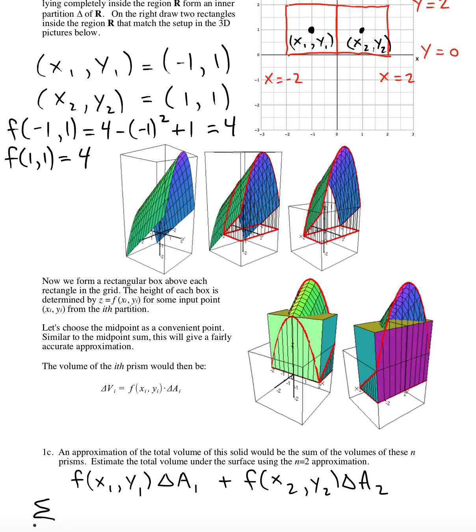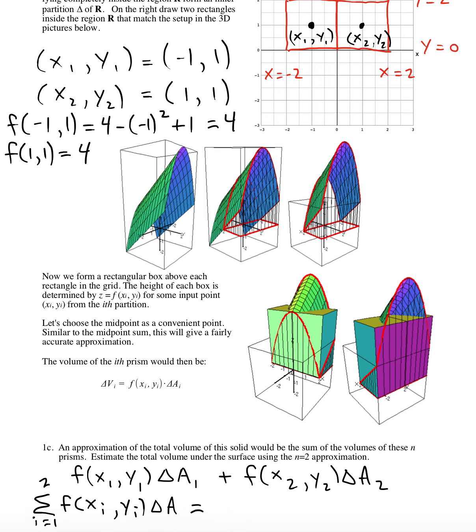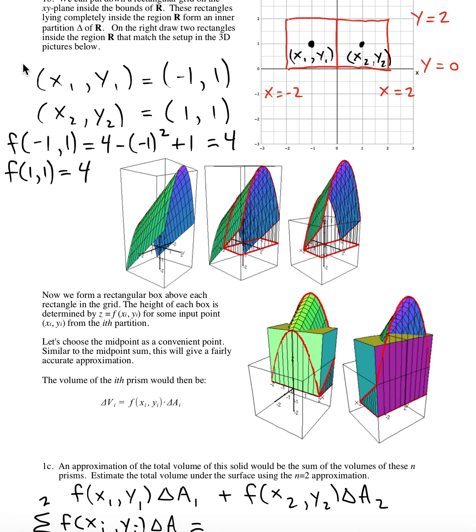All right, so the sum from i equals 1 to 2 of f of xi comma yi delta A is, well, we also need to know what our delta A is. Our delta A is 2 times 2. Each box has a height of 2 and a width of 2. So delta A is actually 4 for both of them.